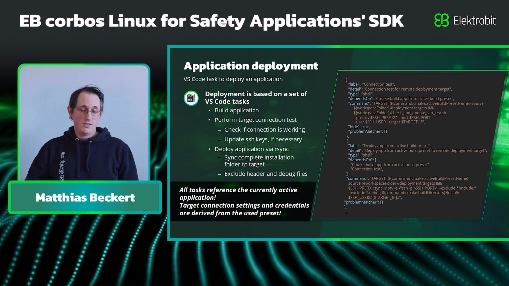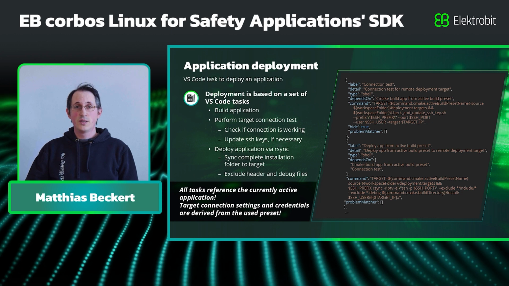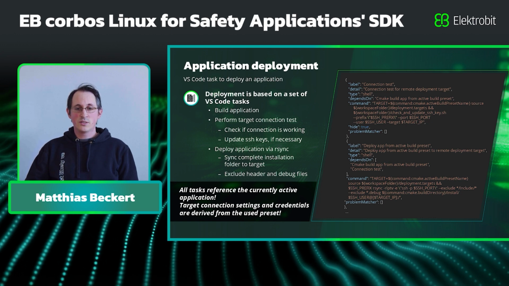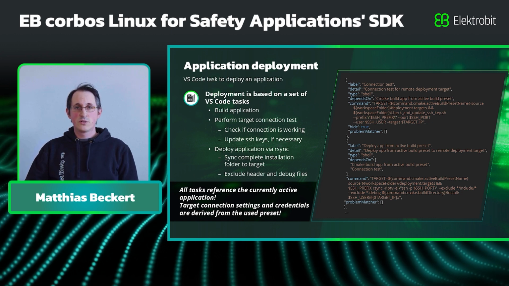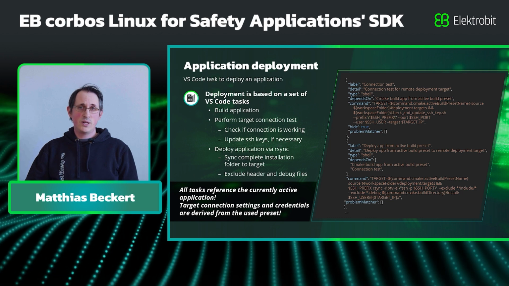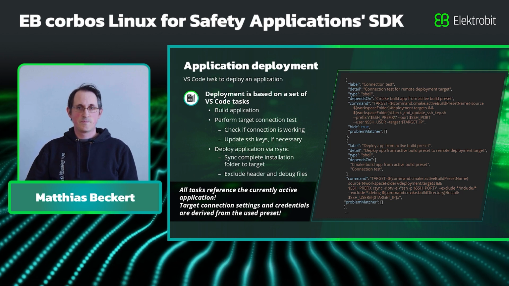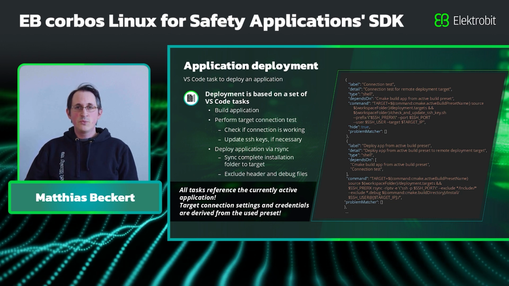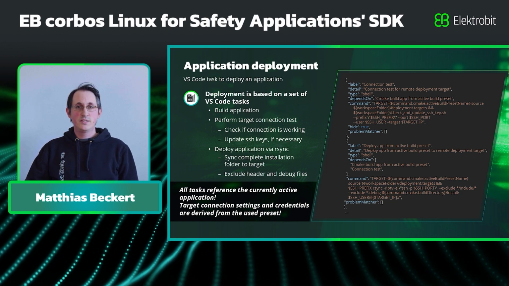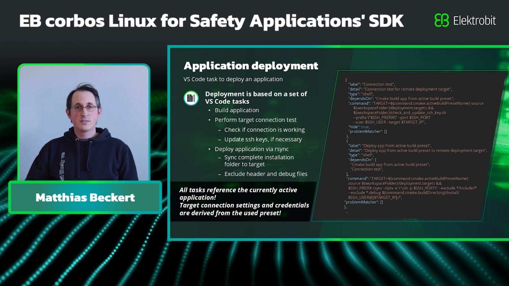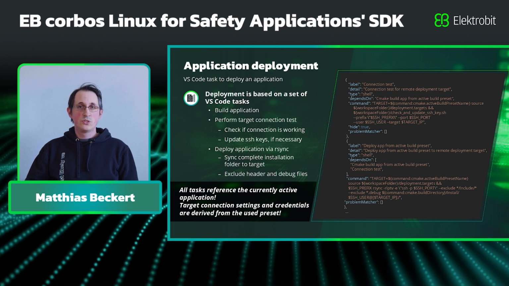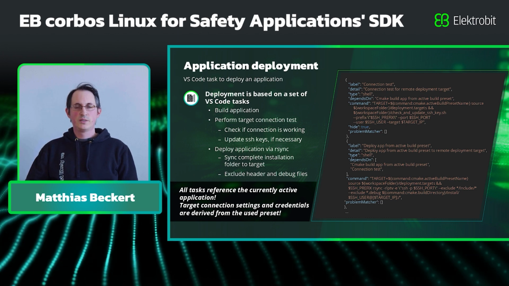And if this is the case, we deploy our application to the target based on rsync and SSH, and while doing that, we exclude headers and debug files. The target we deploy to is directly derived from the selected preset, which we used to build our application.